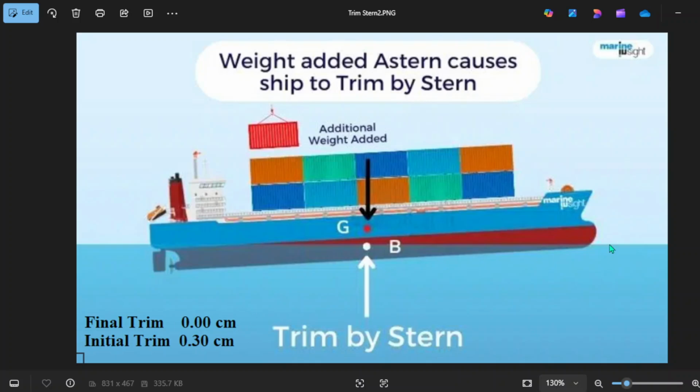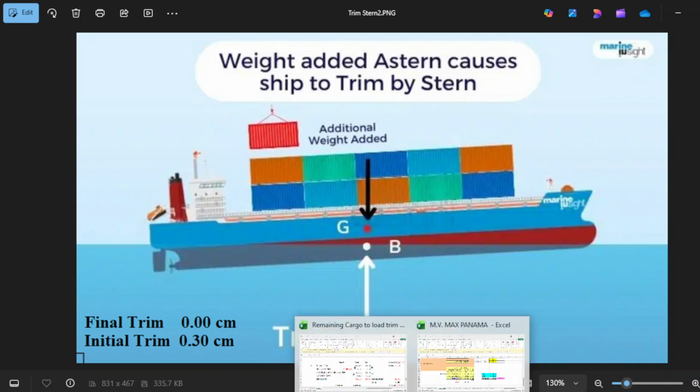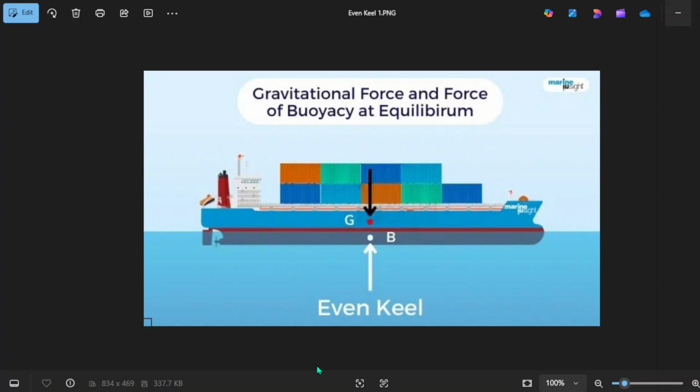So you want this one to be even keel, so this aft part of the vessel will go up, meaning he will reduce his trim to 0, from 30 to 0. So he will go up to make it even keel, and the forward part will go down so that it will be even keel. So this will go up and this will go down, which is in this situation. So from 30 centimeters, he will go up, and from this one, he will go down to have even keel. Okay, that is the reason why.